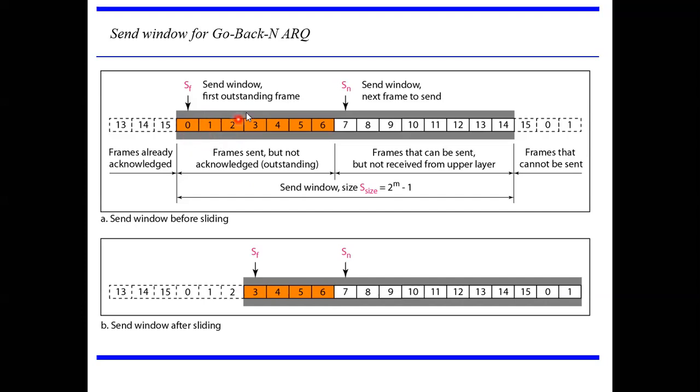So totally 3 frames: frame 0, frame 1, and frame 2 have been sent by the sender. Now the receiver will receive those frames. Assume that this is the size of the window, the send window, this is the entire size.